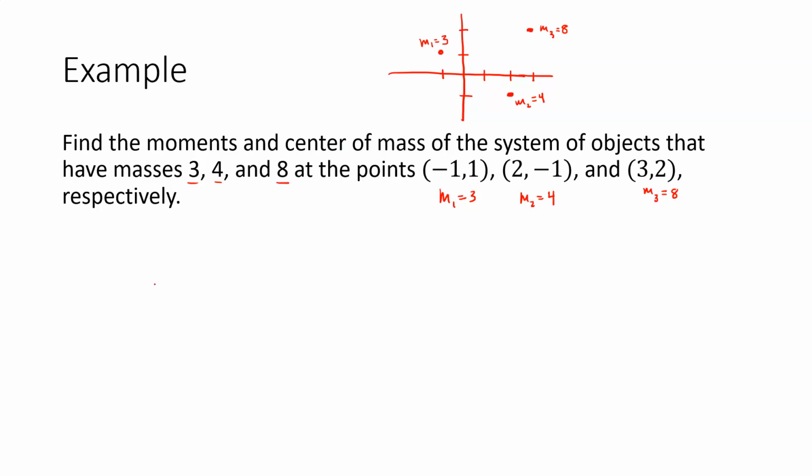Let's solve out each of their individual moments. We know x bar will be the sum of all the mixi over m. So we'll multiply each of the masses times the x-coordinates: 3 times -1 plus 4 times 2 plus 8 times 3, and then divide by the sum of the masses, 3 plus 4 plus 8.